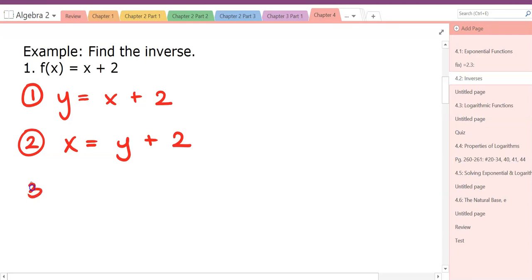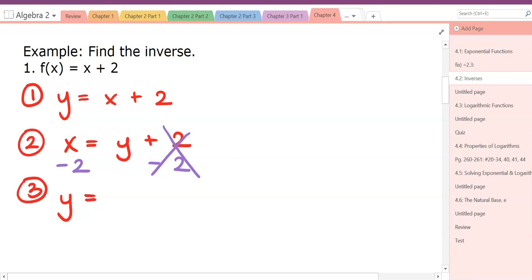Step 3 is to solve this equation for y. So right now, because I rewrote it, it says y plus 2. How would I get rid of this plus 2? Subtract it. So I'm going to do minus 2, minus 2. Okay, now I'm going to go ahead and put y first and just take this and reverse it a little bit.